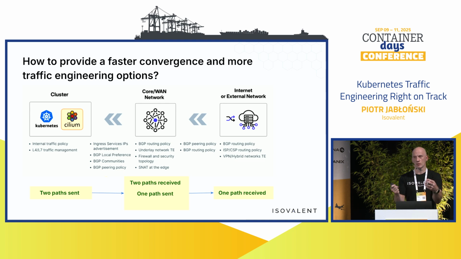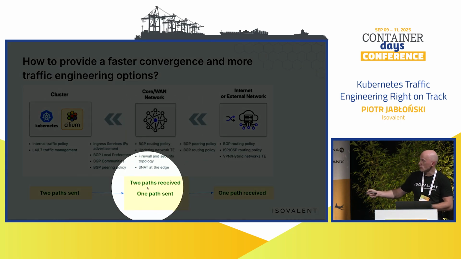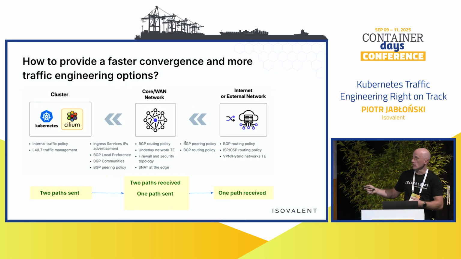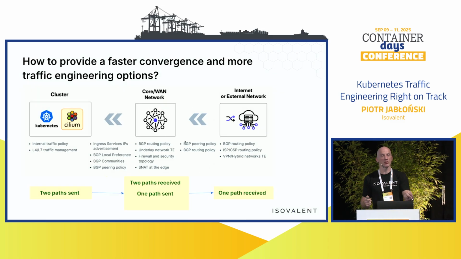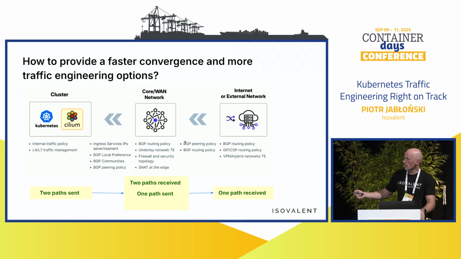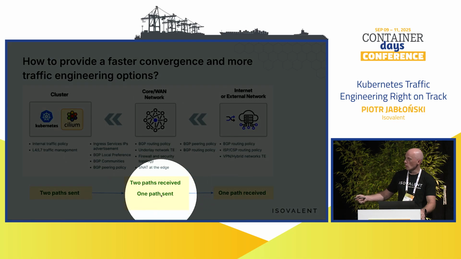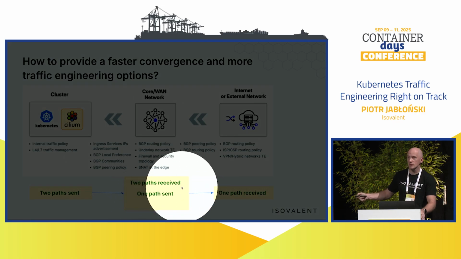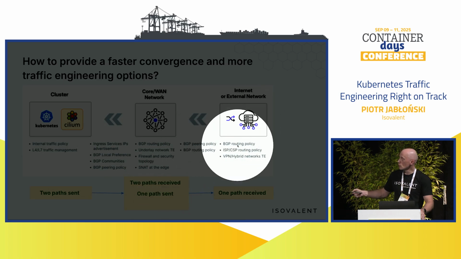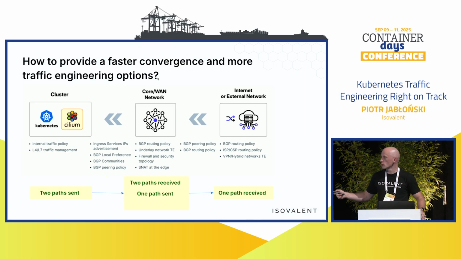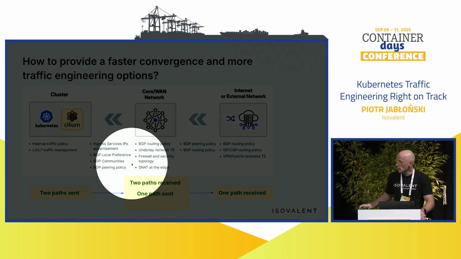Of course, if you are just responsible for Kubernetes, you will not be involved in BGP policies or how the paths are distributed. But if you are interested in that topic, you possibly need to know that, first of all, if you would like to do traffic engineering, you need to provide some choice.